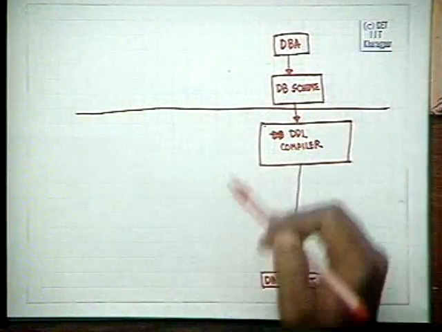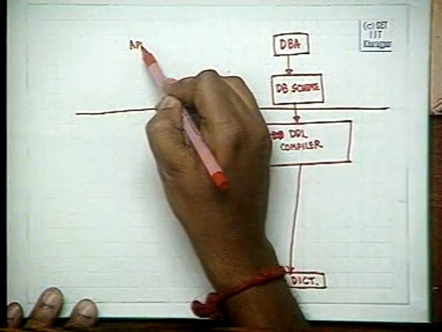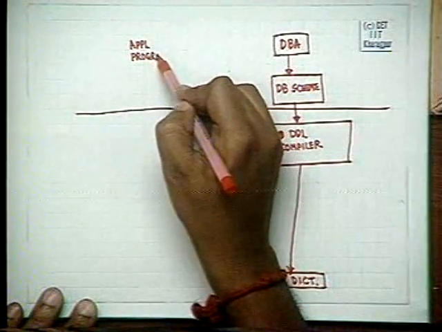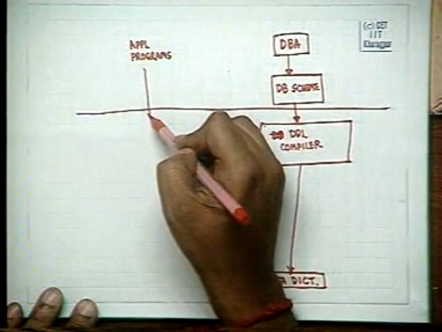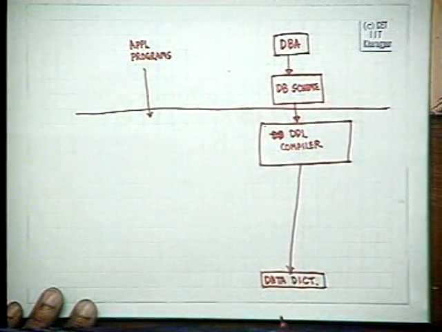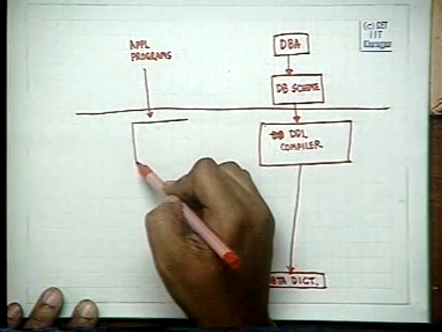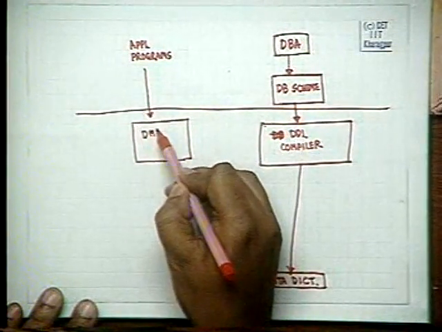Another type of user will write application programs. Now, these application programs will be written using the data manipulation language, and therefore, what you need is a DML compiler.